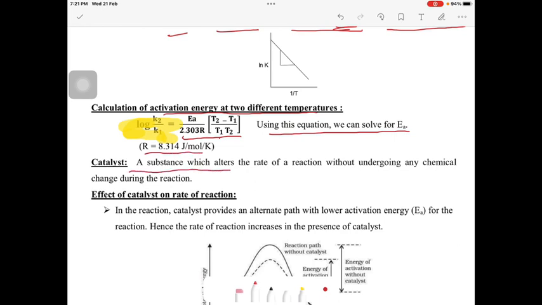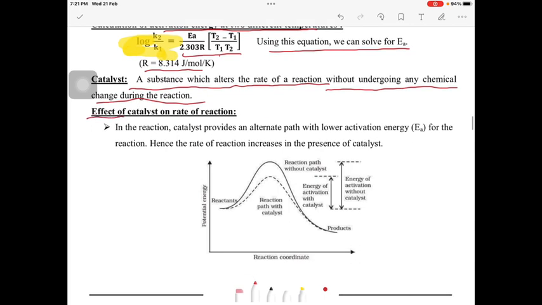Catalyst: a substance which alters the rate of reaction without undergoing any chemical change during the reaction. Effect of catalyst on rate of reaction. It is important for PU. In the reaction, the catalyst provides an alternate path with lower activation energy.